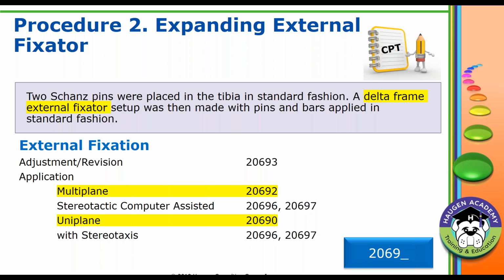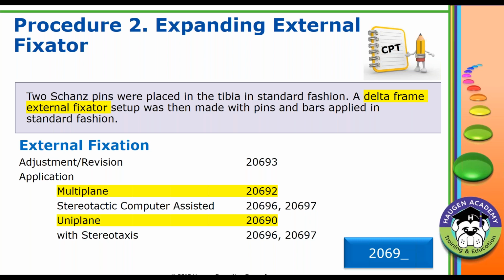So that's one clue right there that this is a separately codable procedure. The pins for the fixator were applied to the right tibia. They didn't mention any stereotaxis or stereotactic computer assistance. And the fixator, remember, was described as a Delta frame, and the brand was Stryker.